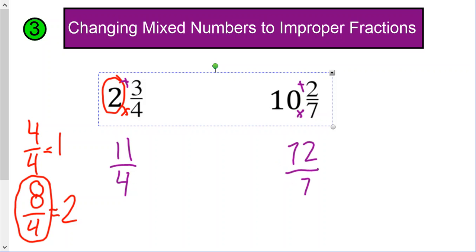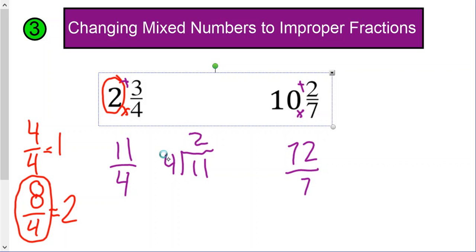Okay, now real quick, let's just work backwards and go from an improper fraction back into a mixed number. Just like the last slide, 11 fourths would be the same as 11 divided by 4. And how many times does 4 go into 11? Well, 4 times 2 is 8. 4 times 3 is 12, so we can say 2.